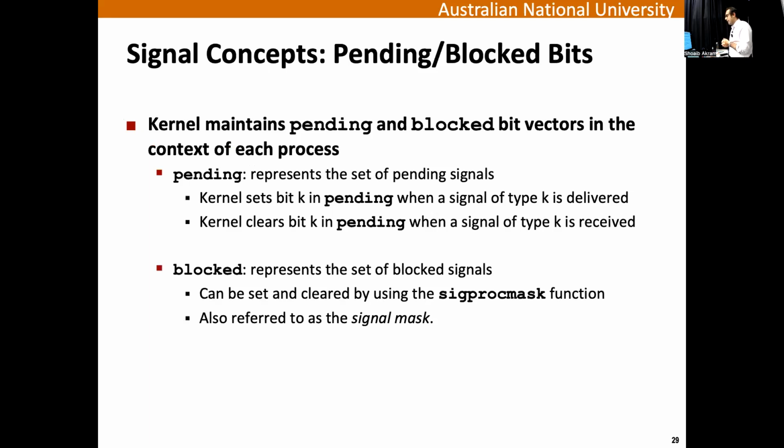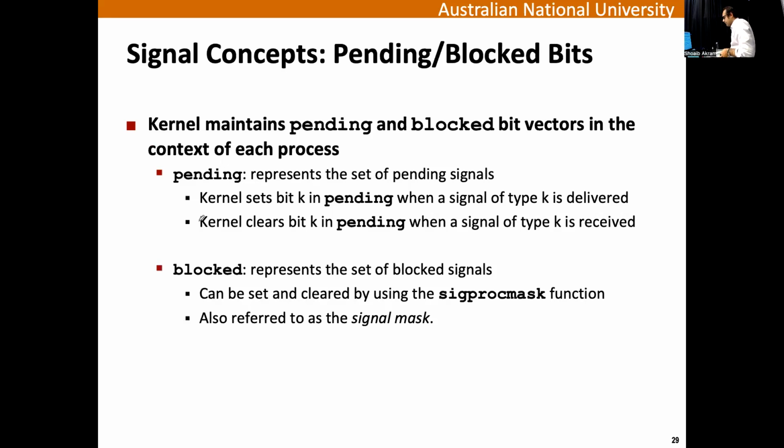So the kernel maintains pending and blocked bit vectors in the context of each process. There is one bit for each signal type. So if there are 32 signals in a particular system, there are 32 bits in a pending bit vector and a blocked bit vector.